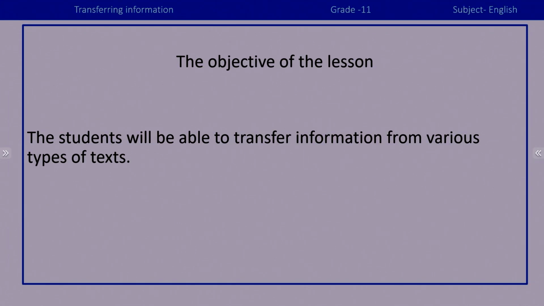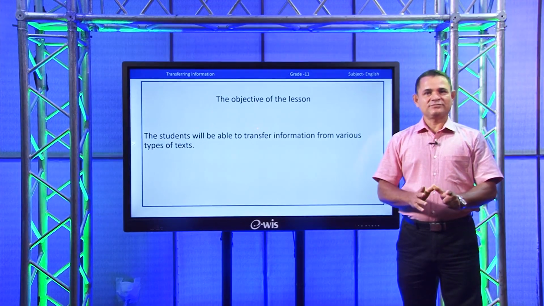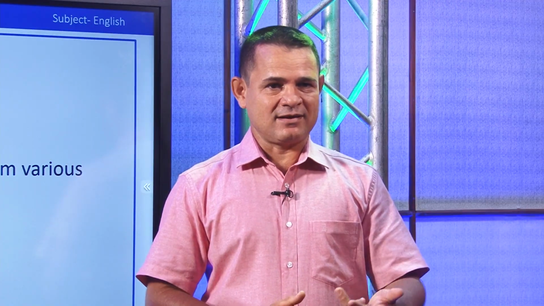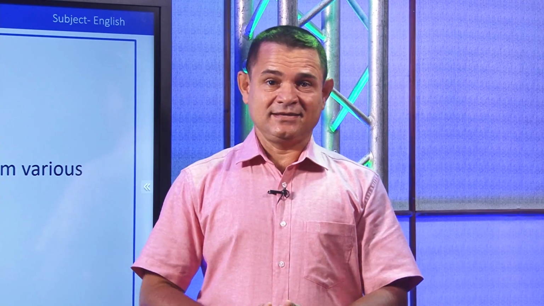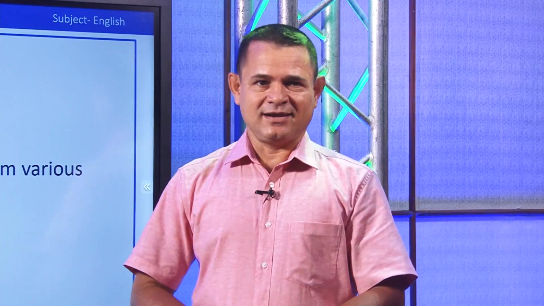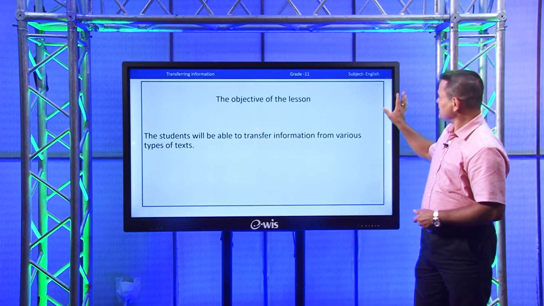The objective of the lesson: the students will be able to transfer information from various types of text. Various types, I told you, can be a paragraph or dialogue or anything, and the information in that is transferred into another one. Let us see some of those examples.